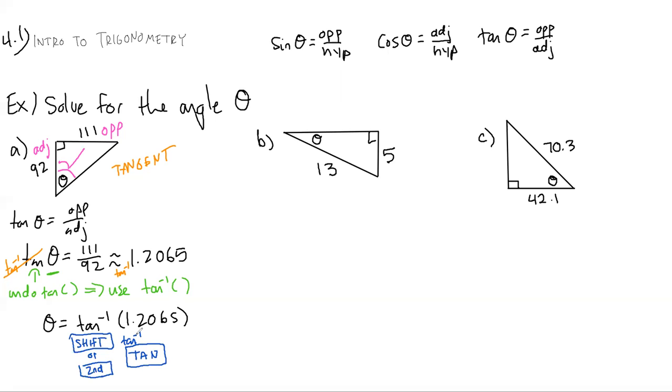That shift will get you to that secondary function. Then you punch in your number, hit equals, and hopefully that gives us an answer. Let's see, second tan 1.2065. And I'm getting theta is 50.3 degrees. I'll use one decimal place here.